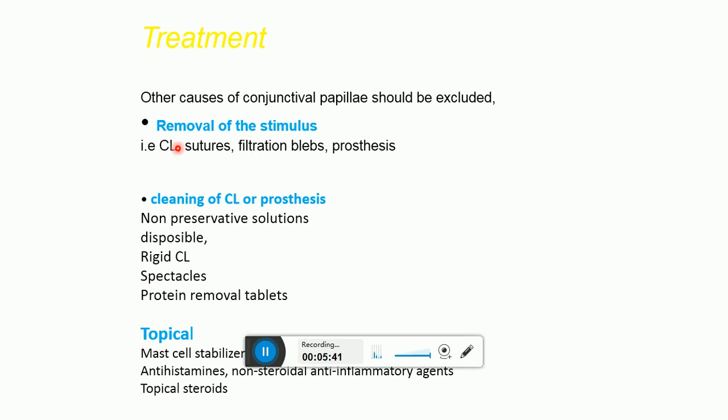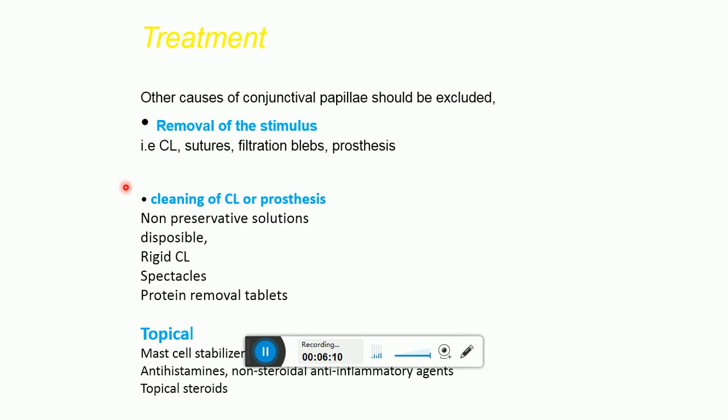If there is severe CLPC, then a longer interval without lens wear may be needed. Next, remove other underlying causes such as exposed sutures or scleral buckle, and assess the status and fit of the ocular prosthesis. For filtering blebs, consider partial excision, or revision with non-penetrating drainage surgery or a glaucoma drainage device.